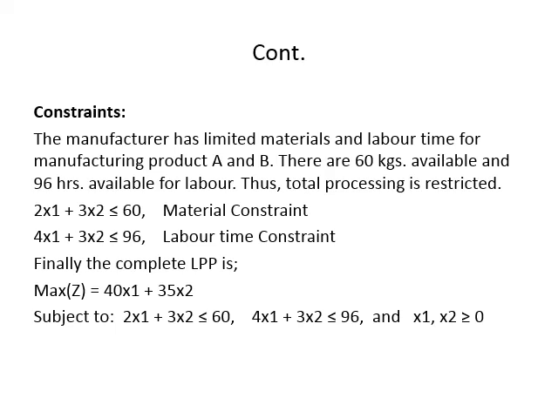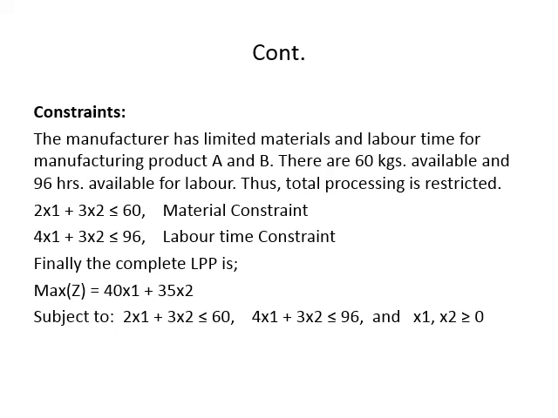2x1 plus 3x2 less or equal 60. 2 is the cost of 1 unit of x1 and 3 is the cost of 1 unit of x2. The total cost must not exceed 60 units of material.